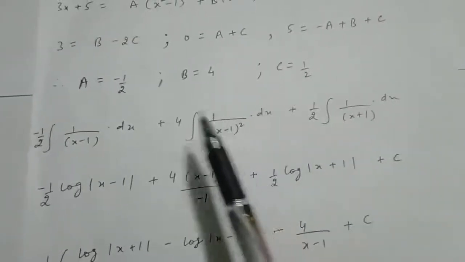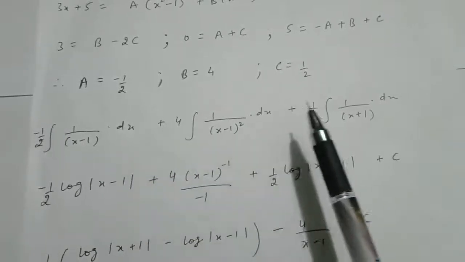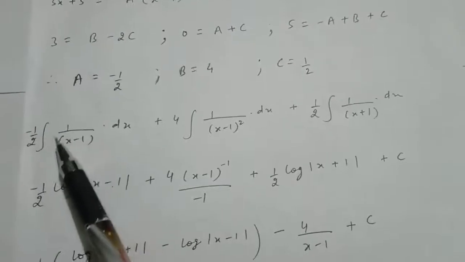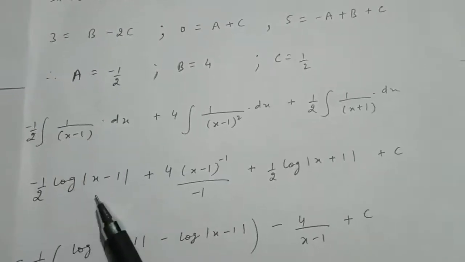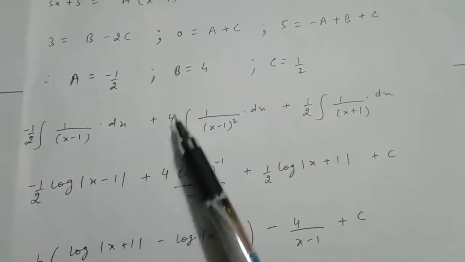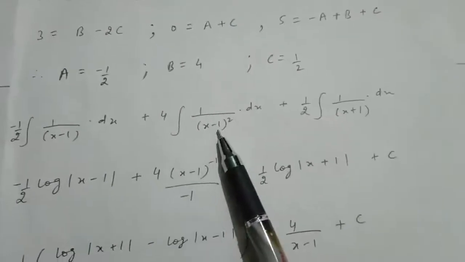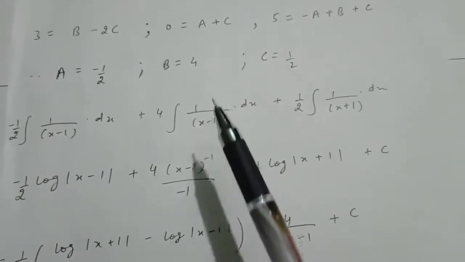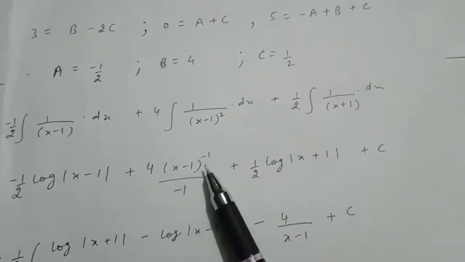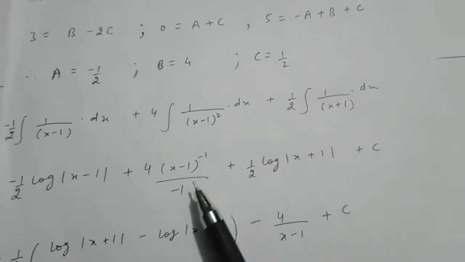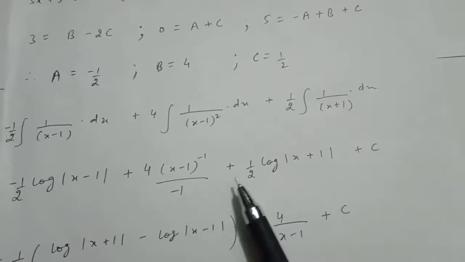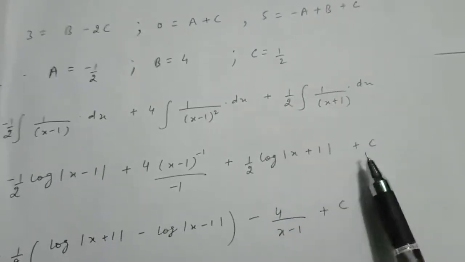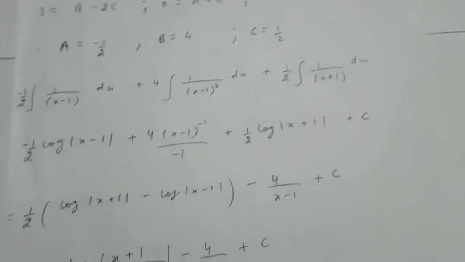Now you know how to solve all of these integrals. So the integral value of this function will be log mod of x minus 1 plus 4 as it is. Now see, this is x minus 1 raised to the power minus 2. So the integral of this will be x minus 1 raised to the power minus 1 upon minus 1 plus 1 by 2. The integral of this will be log mod x plus 1 plus c.